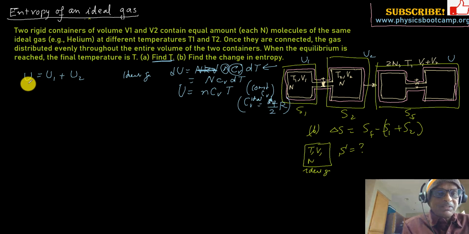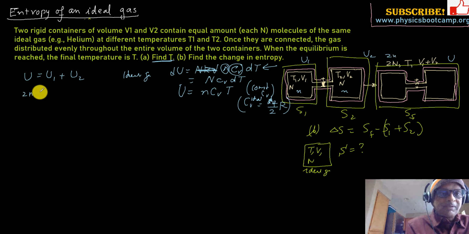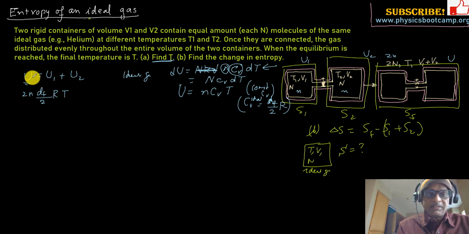So U for this will be, with 2n moles, 2n times degrees of freedom over 2 times R times T. This will be the total energy at the end, and we have n times dF over 2 times R T1 plus n times dF over 2 times R T2.